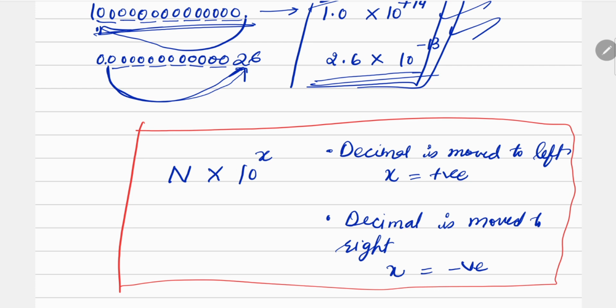While doing certain calculations, let's talk about how numbers in scientific notation are added, subtracted, multiplied and divided. So we have to see how these arithmetic calculations are done with scientific notations.